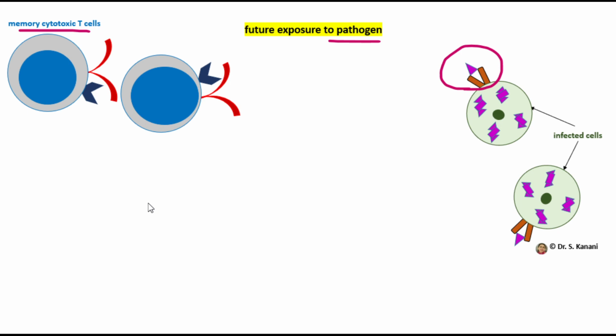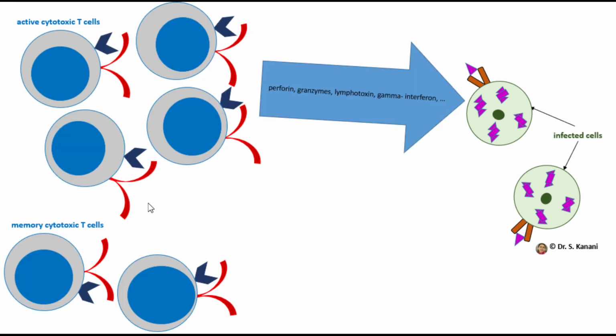Their proliferation and building a new army of active cytotoxic T cells and new memory cytotoxic T cells is so fast that in many cases, this new army of active cytotoxic T cells is going to destroy those infected cells, those target cells, so rapidly that we do not even experience the signs and symptoms of this infection.